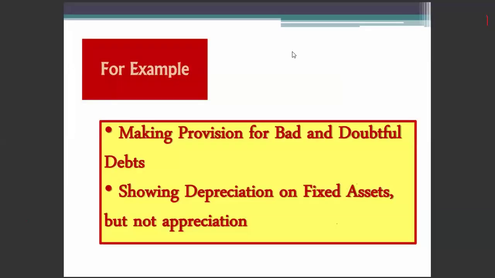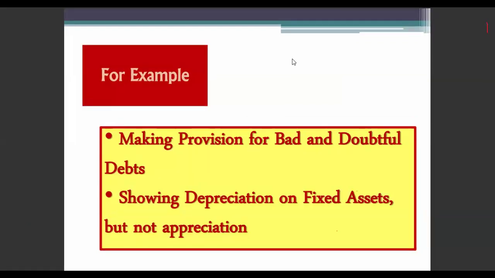For example, if I want to declare something as bad debts, or as an intangible asset, or a purchase or sale, I should have the proof for the sale. I should have the declaration for sale.